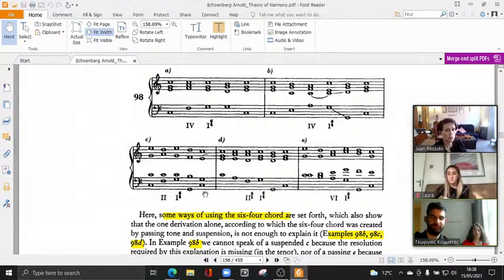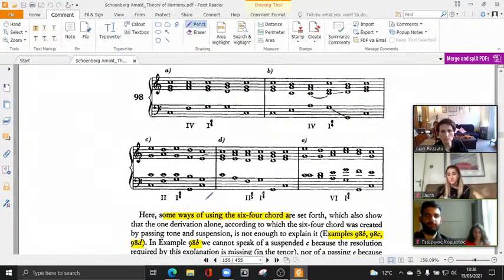So basically, you could go or not. If you go to the C, imagine a C there. Good observation, Glorious. You have perfectly well similar motion. In this case, if the G is here, you have contrary motion.